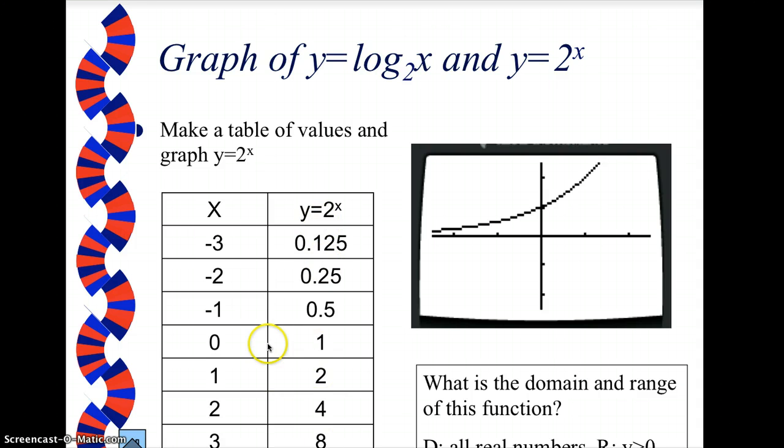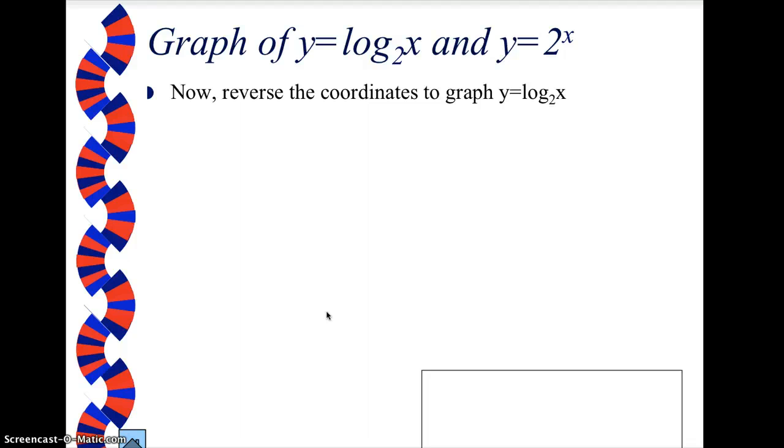So you will see here you have real numbers on your domain, and in the y column you never had a 0, but instead all of them are greater than 0. Now let's move on to the logarithmic function. It's going to be the reverse. So you're looking for y is equal to logarithm base 2 of x.